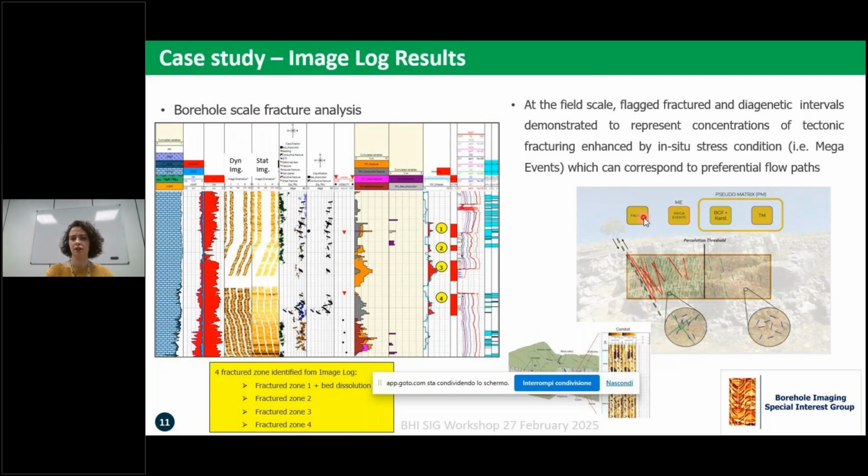And then there were also faults and some minor events which can be detected by the image logs, which were important also to enhance the permeability and the porosity.